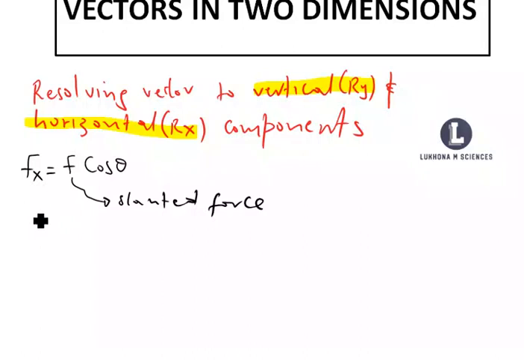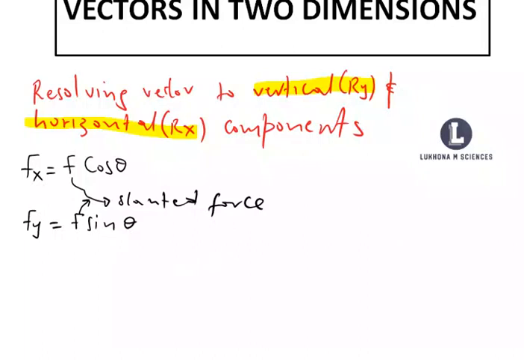Then you are going to resolve the y component, that is the vertical component, by using this formula. This force is that slanted force. This angle is the angle between this force and the x-axis.